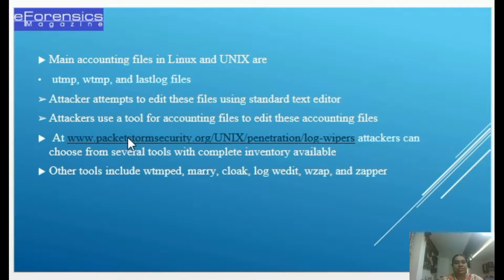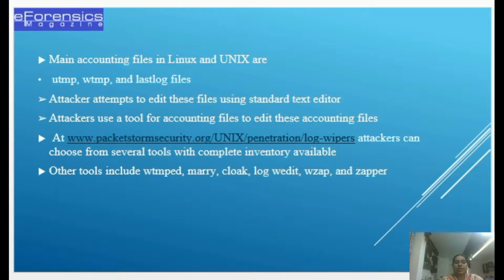At packetstormsecurity.org, under Unix penetration log wipers, attackers can choose from several tools with a complete inventory available. Particular tools are fine-tuned for specific varieties of Linux and Unix.